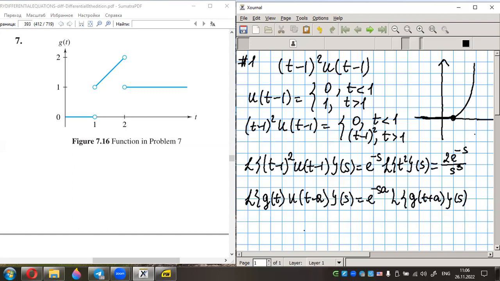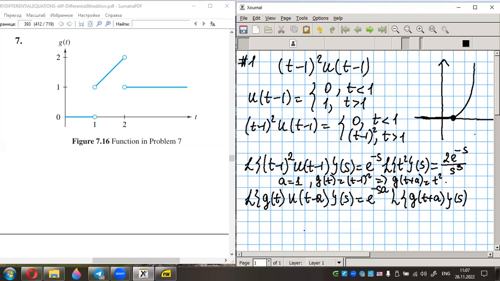Here we know that a, in our case, equals 1. g(t) is (t minus 1) squared. So g(t plus a) is t squared. Okay, thank you. You're welcome.